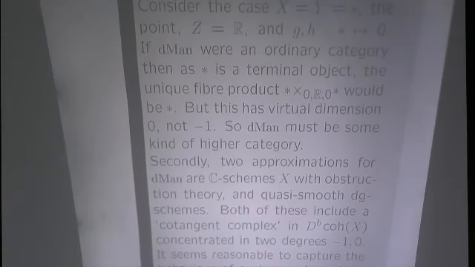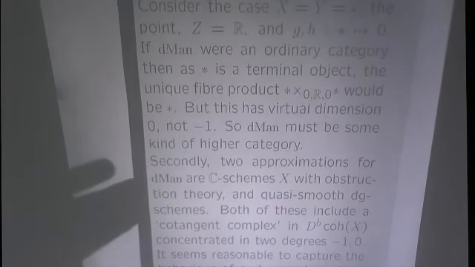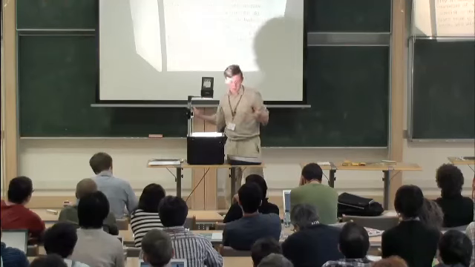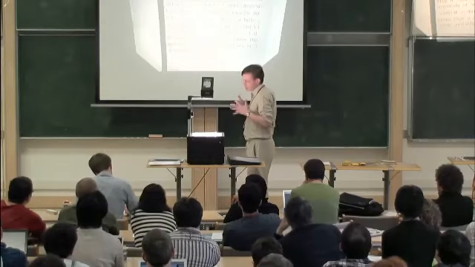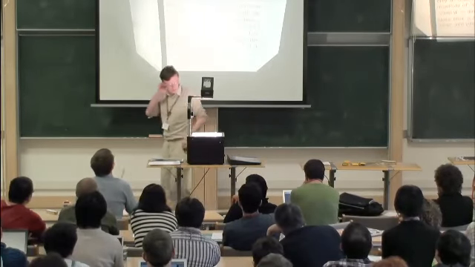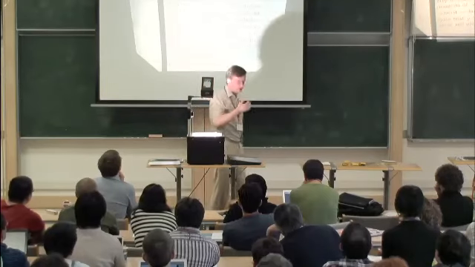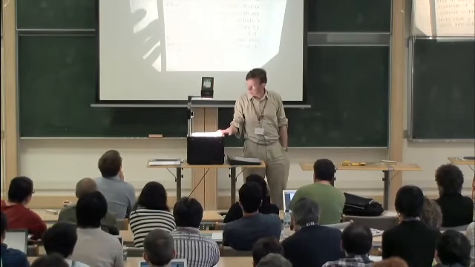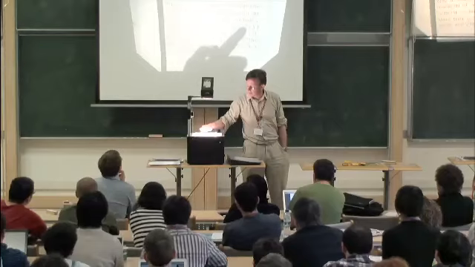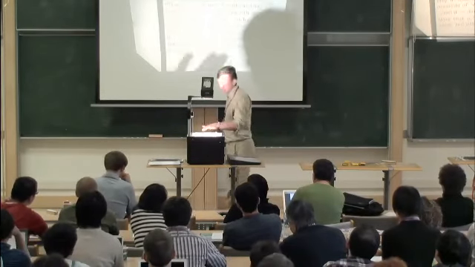So perhaps more non-trivially, why should it be at most a two-category? Two approximations you can think about for derived manifolds are a C-scheme X with a perfect obstruction theory, or a DG scheme, which is some quasi-smooth, if I got the right form for that. In both of these cases, you've got a cotangent complex in the derived category of coherent sheaves on X, which is concentrated in two degrees, -1 and 0.